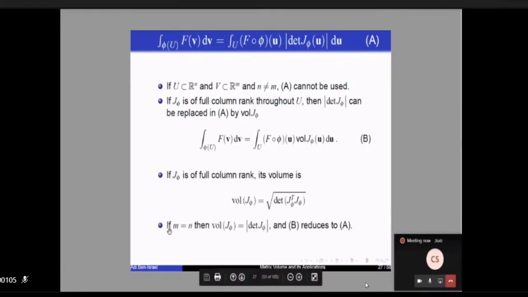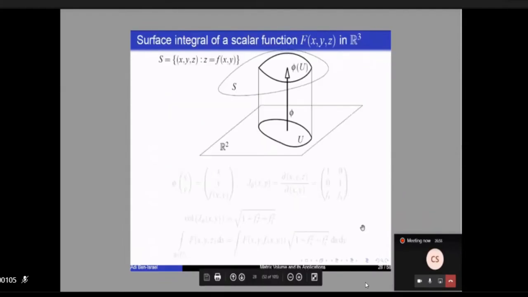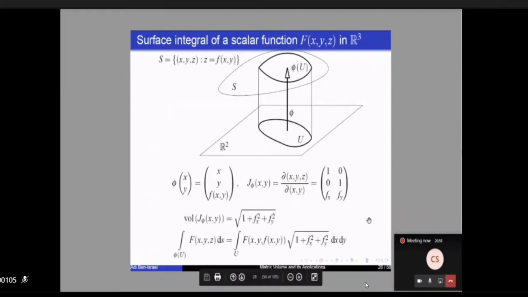In particular, if m is equal to n, and I should add that the Jacobian is non-singular, then the volume is just the absolute value of the determinant, and B reduces to A.